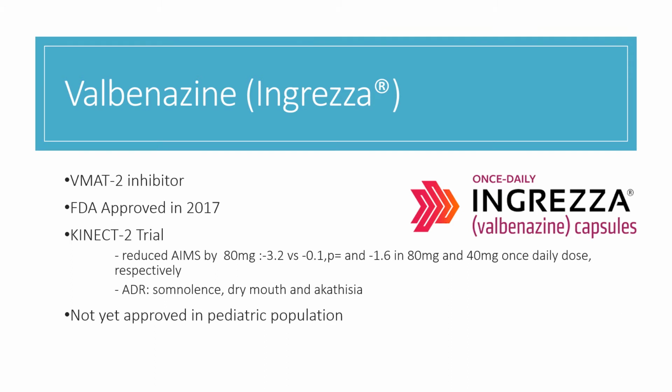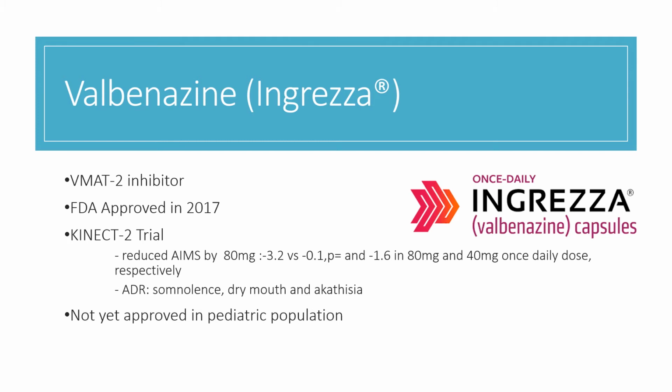As far as the results, both dosage groups in the valbenazine group did have a statistically significant difference in their AIMS score. The 80 milligram group reduced the AIMS score by minus 3.2 points, and the 40 milligram group reduced their score by minus 1.6 points.